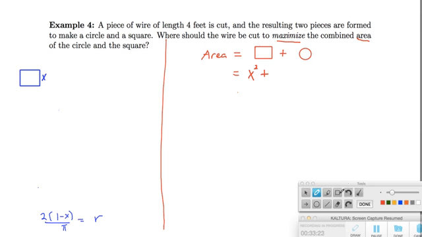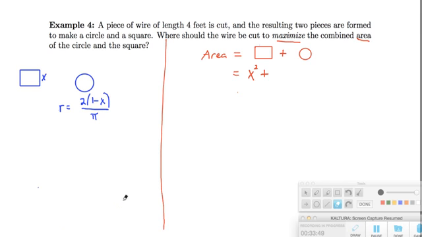Now remember our circle, if you'll recall, we did figure out what its radius is, and that's what we got down there below. The radius of the circle is 2 times (1 minus x) over pi. That is the work that we found earlier.